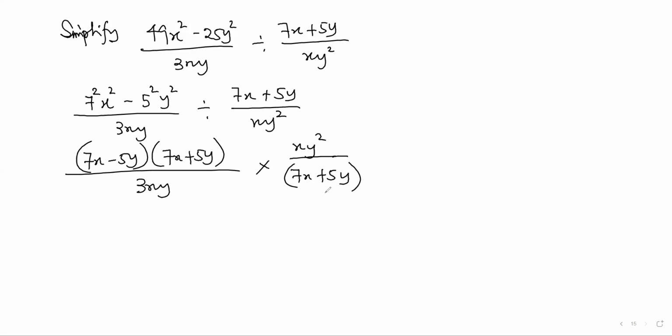So this will cancel this. x will cancel x, even y, it will be left with only 1. So it means we are going to get something like 7x minus 5y. We are left with 1y, which is this, divided by 3. That gives you the final answer.